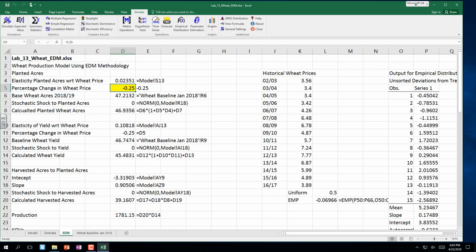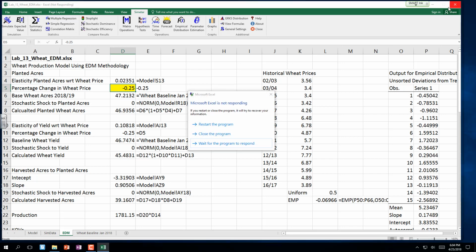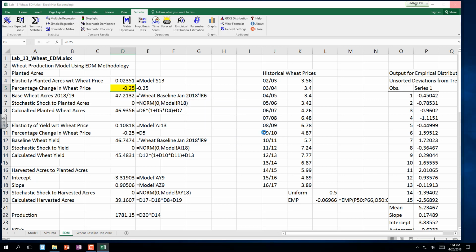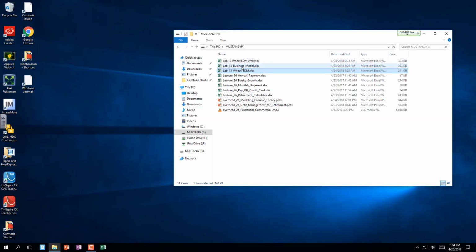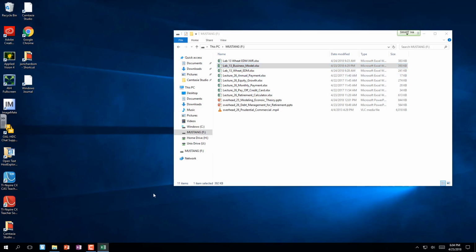Open up the other worksheet for Lab 13. It's a business model, the Lab 13 business model, and it's a very simple business.